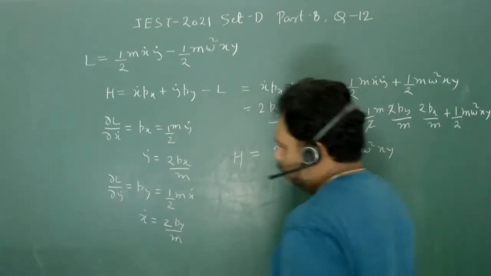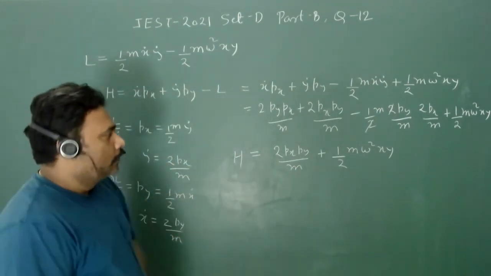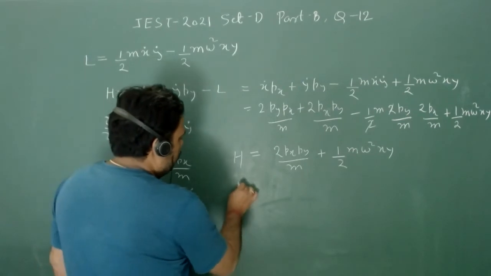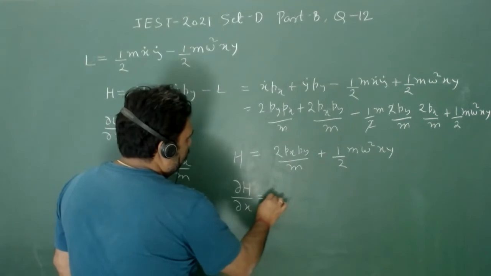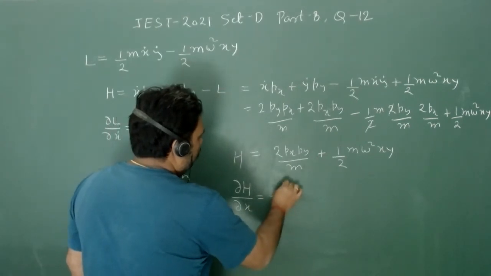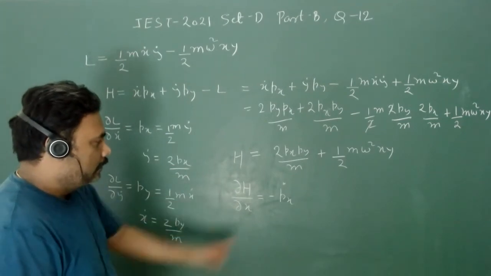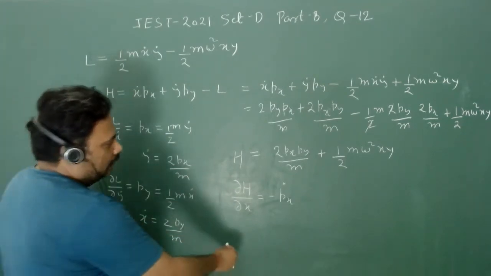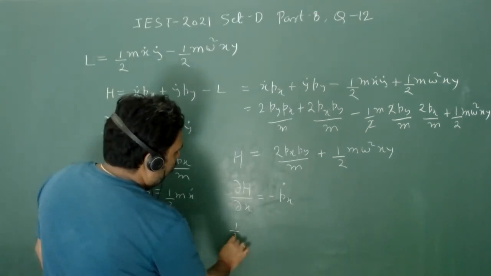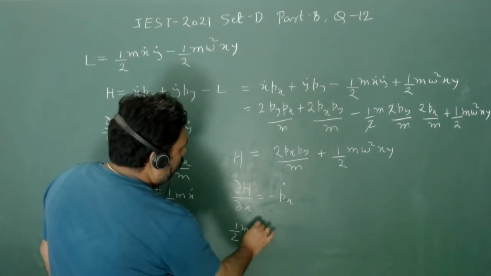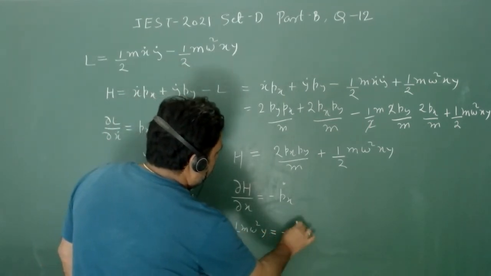Now we go for Hamilton's equations of motion. We have to write the four equations. First, del H upon del x is equal to minus px dot, so half m omega square y is equal to minus px dot.